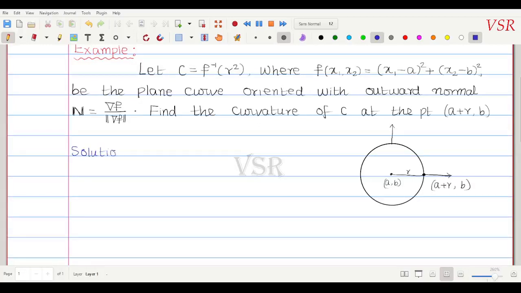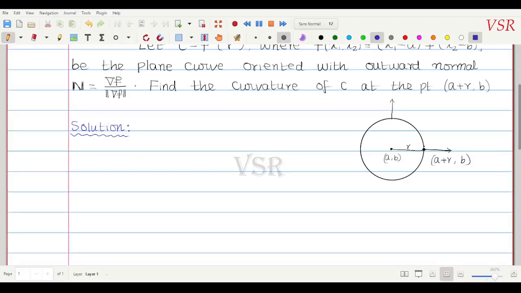First, what we want is to find the local parameterization of this curve. That is what we need to find first for the curvature. That means I am going to find a local parameterization containing this point.